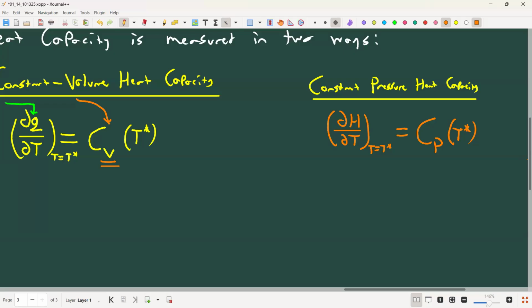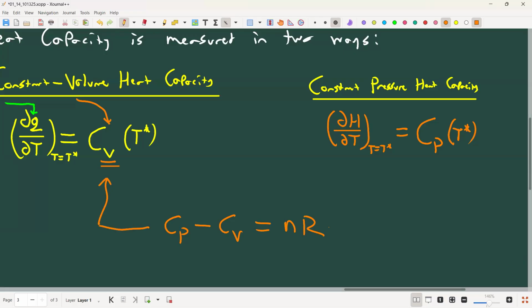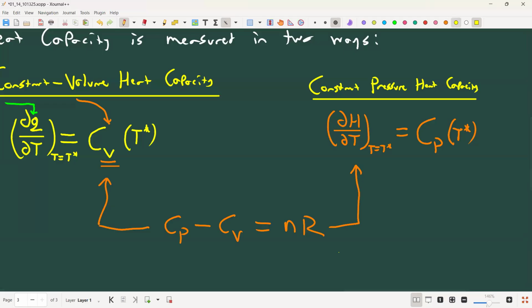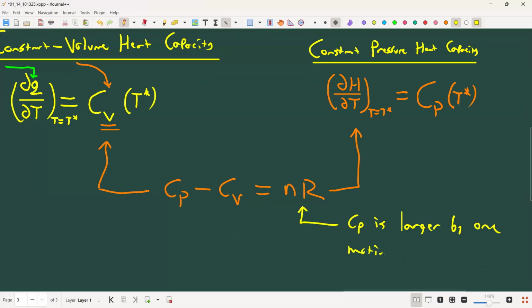And so once you do the math, you find that these are interrelated to each other by one factor of Avogadro's number times the number of moles. So this is just the difference in the heat capacity of that expansion motion. All this is saying is that the heat capacity at constant pressure is larger by one motion's worth of heat content.